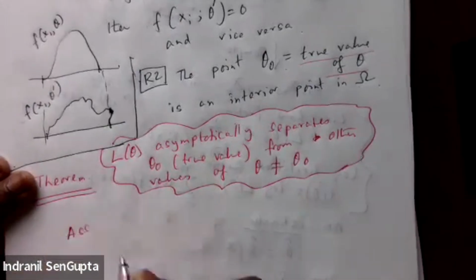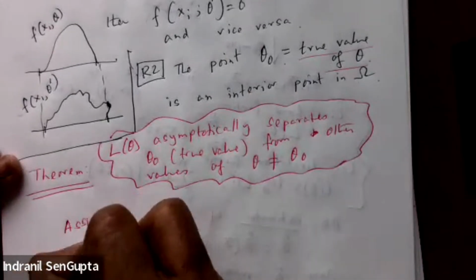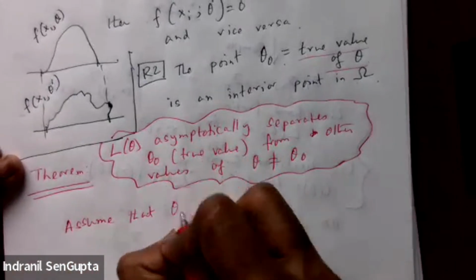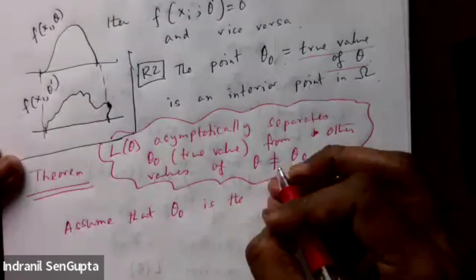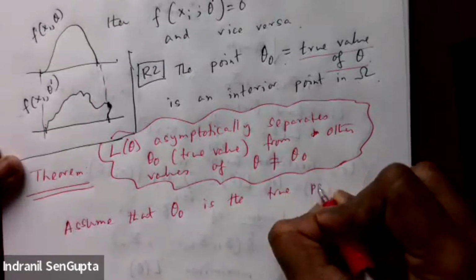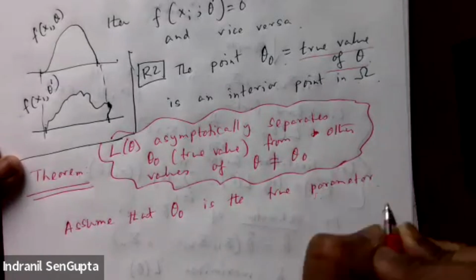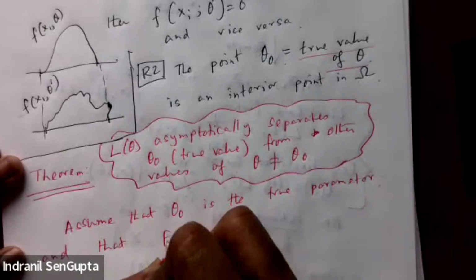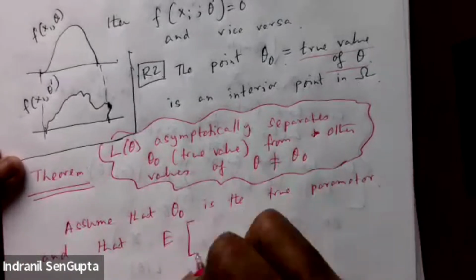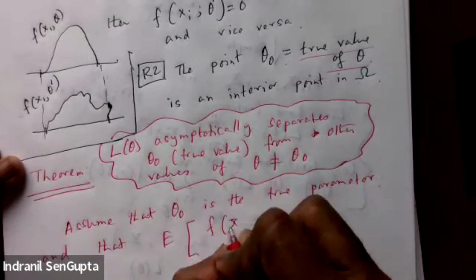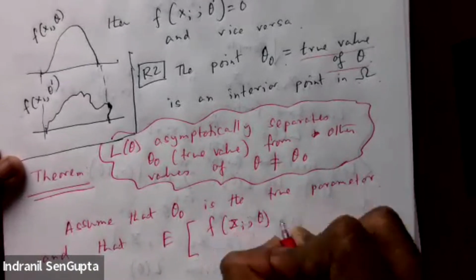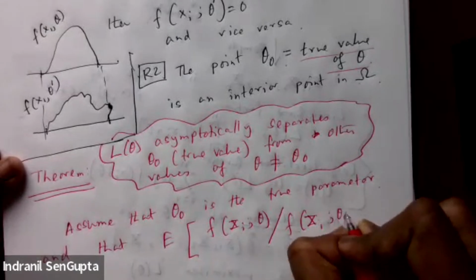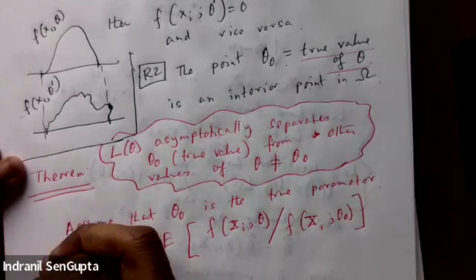Assume that theta 0 is the true parameter and that the expected value of f of xi theta over f of xi theta 0 exists.